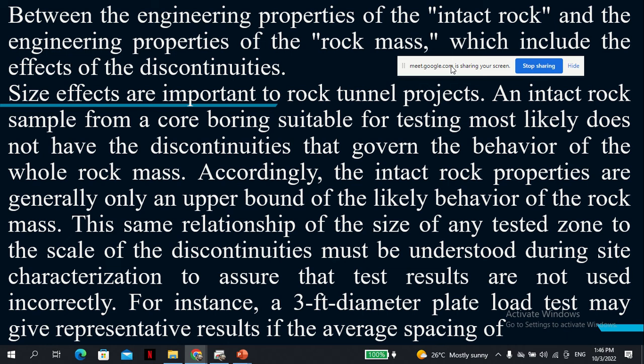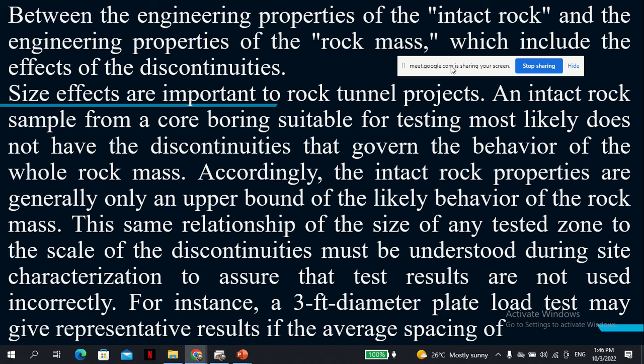So you might take a sample, but the sample you have taken is only of an intact material. You have not taken a sample of probably a place where there are discontinuities. So you need to take care of all this, and the controlling behavior is the behavior of the rock mass, rather than the behavior of an isolated test that you have done from a limited sample.